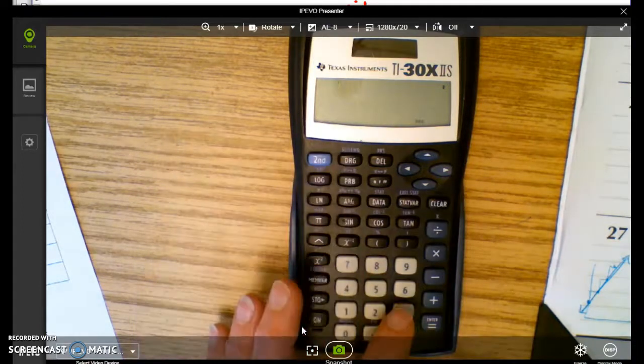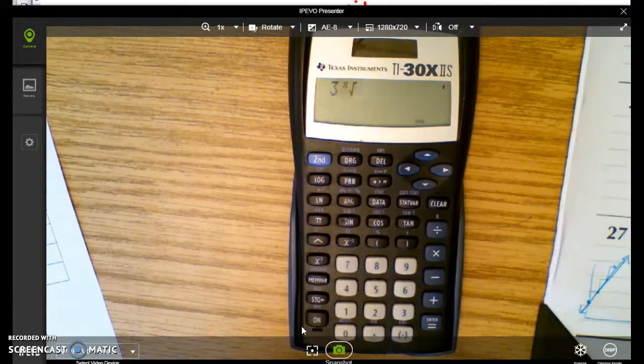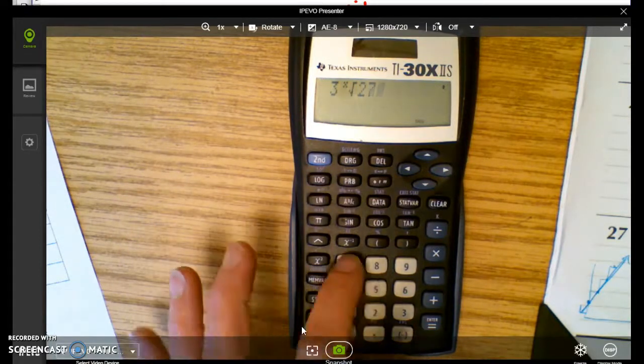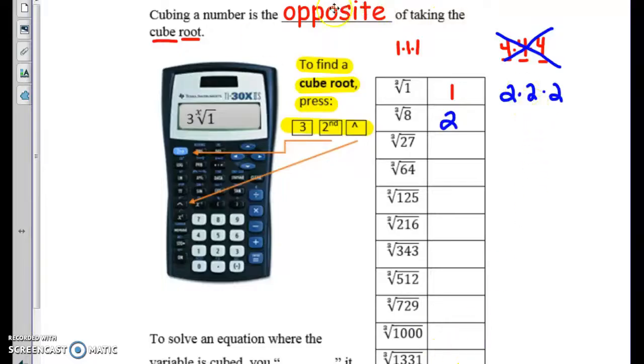So then if we want to do the cubed root of 27, which was next, we have to hit 3, second caret, and then 27, and surprise, surprise, we get 3. The reason we get 3, remember, is because you needed 3 matching factors, and the only way to make that happen is if we start with 3, times another 3 is 9, times the last 3 is 27.